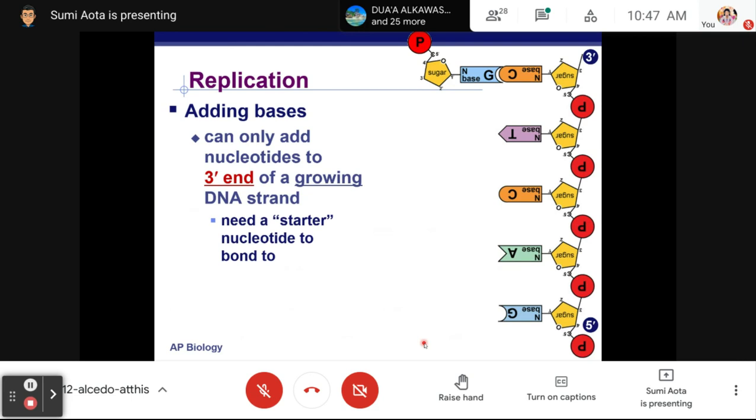Okay? Now, DNA poly 3 is a little bit quote unquote dumb in the sense that DNA poly 3 does not know how to start a strand of DNA. So if you have a strand of DNA sitting there and nothing's on the other side, DNA poly 3 will simply come along and do nothing. Okay?